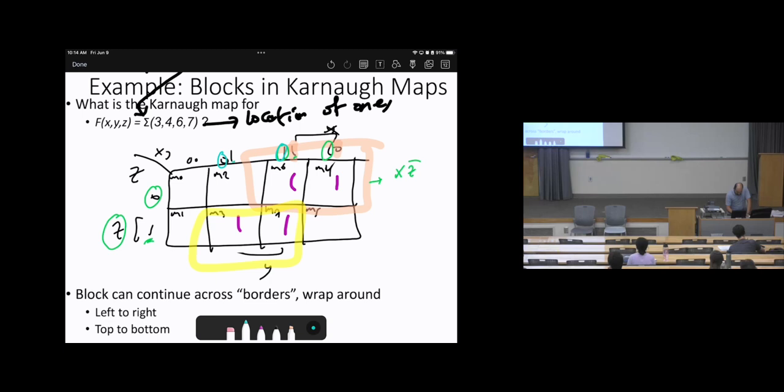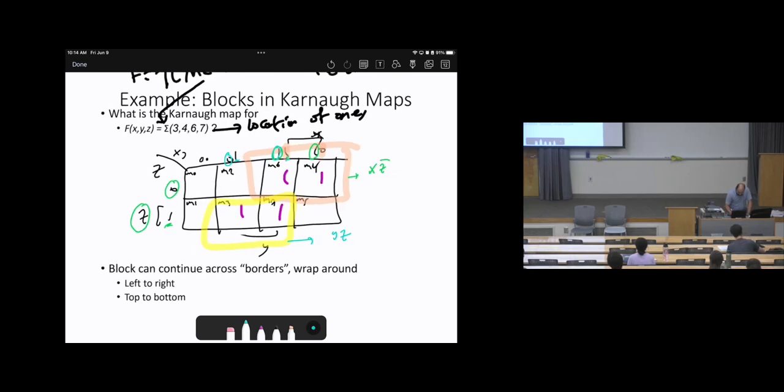In common, y is 1 at both sides, and z is 1 at both sides, so this loop will be y and z. As a result, f will be x z bar plus y z.